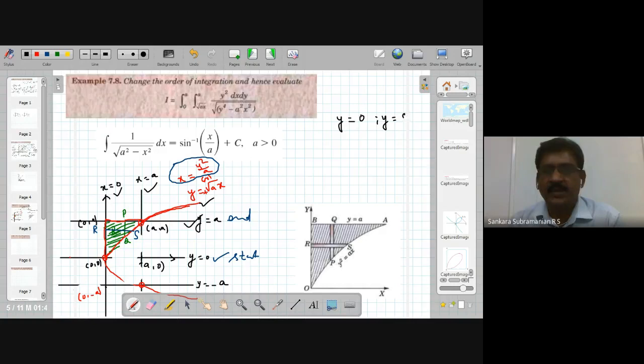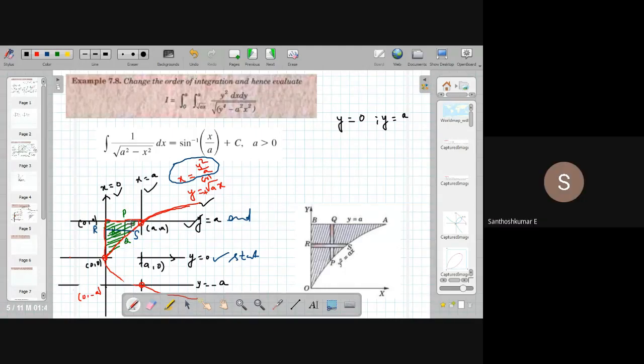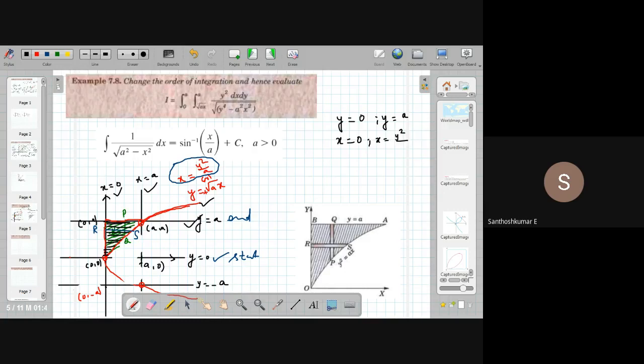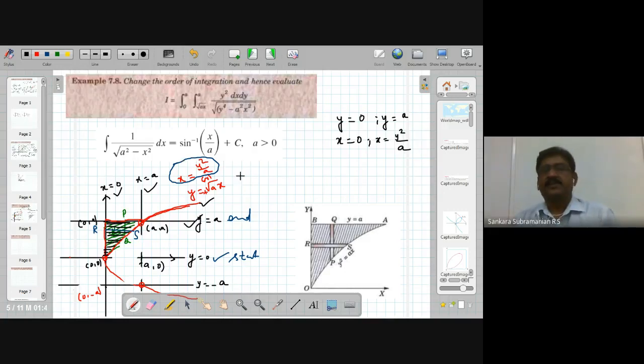Similarly, where does the strip touch? Taking the strip RS, it starts here, shading like this. It ends up to y equal to a. R touches the curve x is equal to 0 and S touches the curve x is equal to y square by a. This is the new limits.